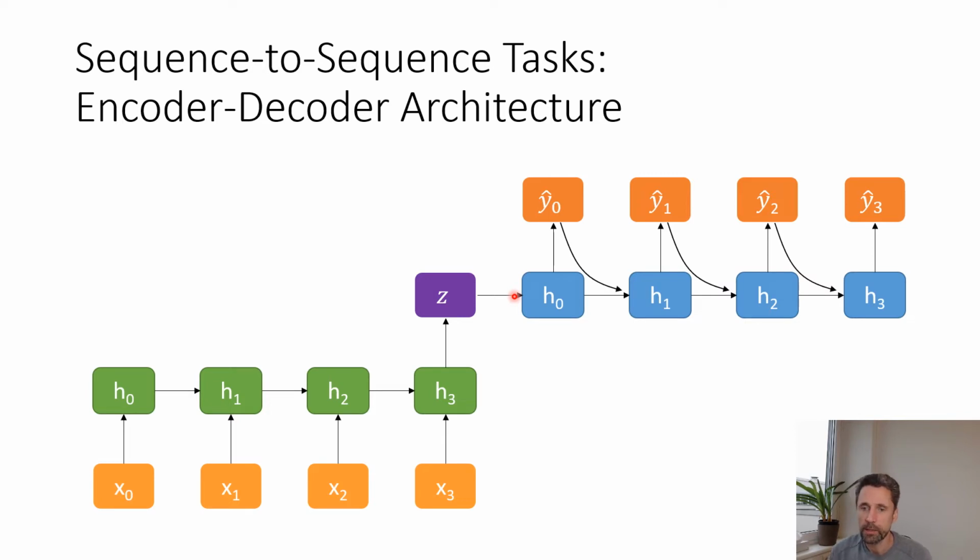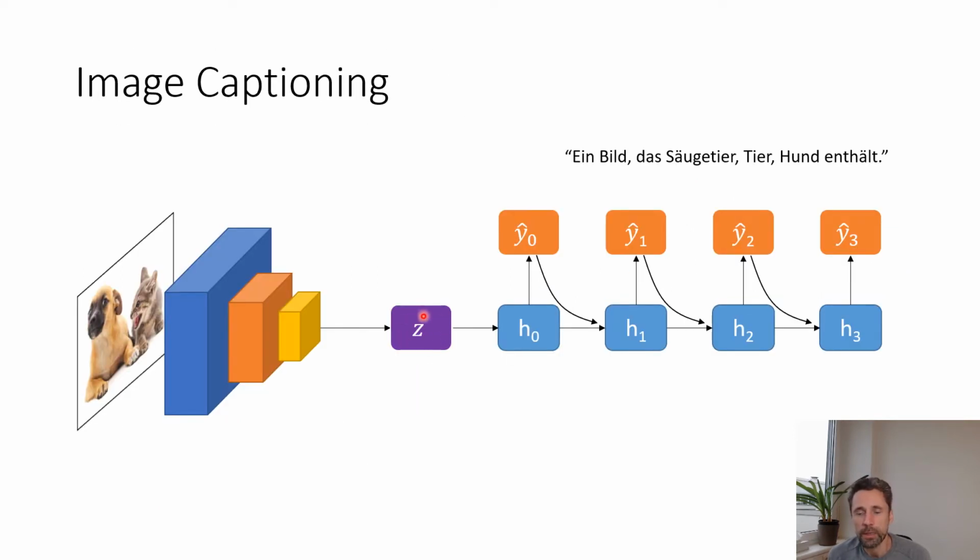And the idea today will be that this intermediary representation of the input can be replaced by a representation that we obtain, for example, using a convolutional network.